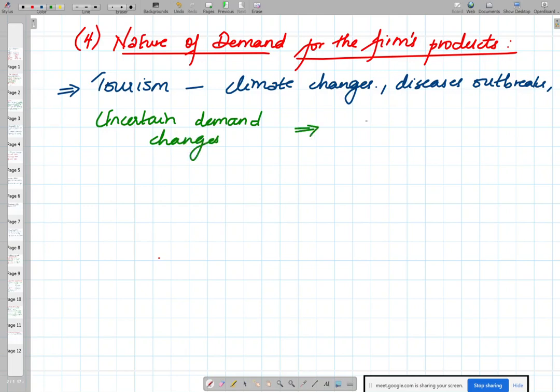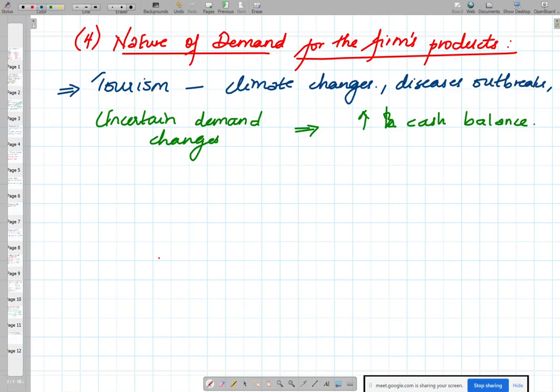For this reason, they need to have a very high cash balance, because they do not know when the demand is going to suddenly rise or suddenly come down. So in order to meet the demand when the season is suddenly at a peak, they need to have enough cash balance.